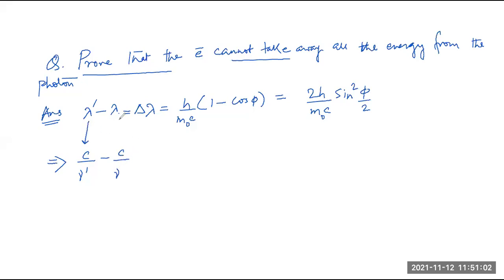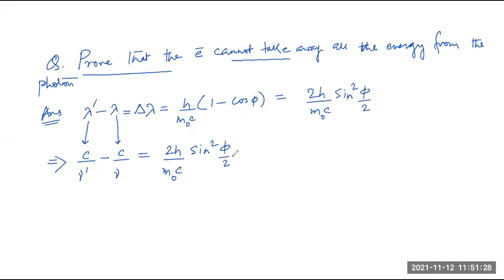Lambda prime is written as c by nu prime and lambda as c by nu. And that is equal to 2h by m naught c sine square phi by 2.